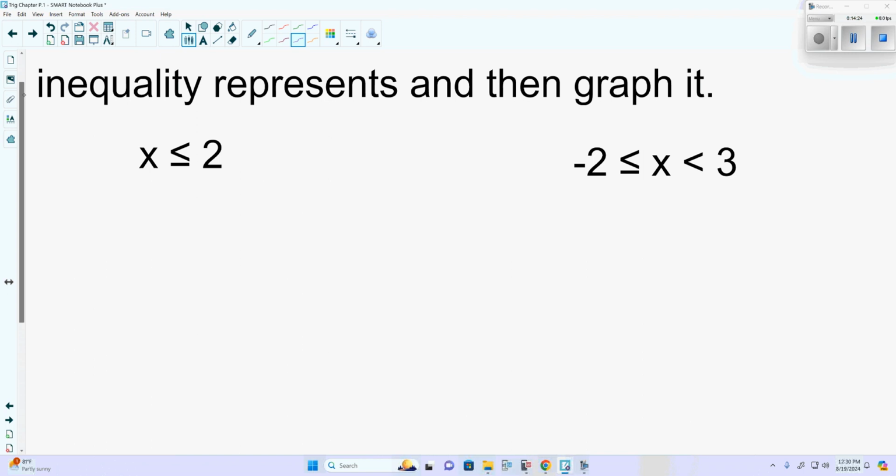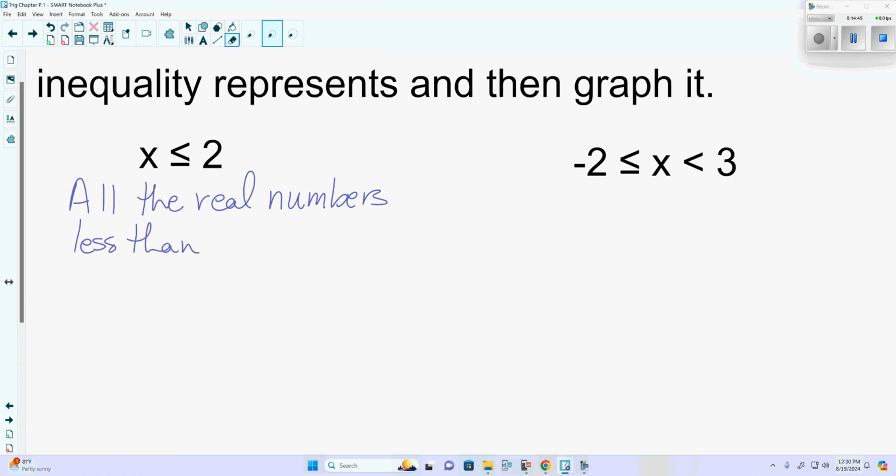Yeah, so it denotes, let's write saying better. Describes all the numbers less than or equal to 2.